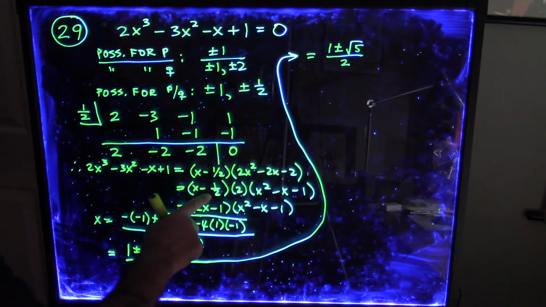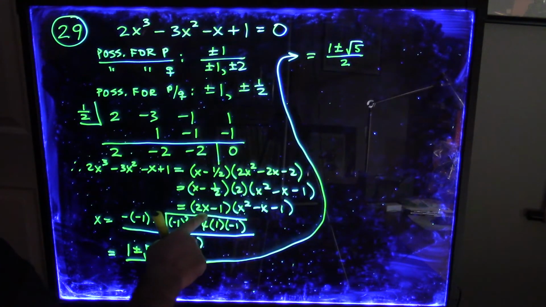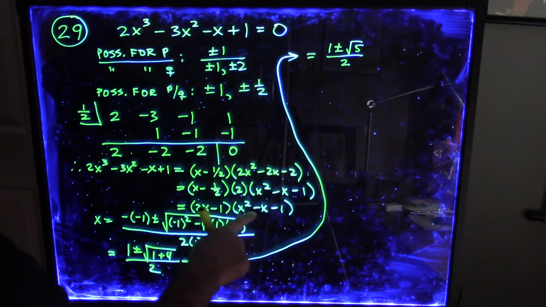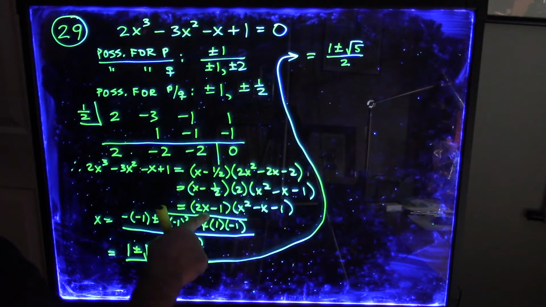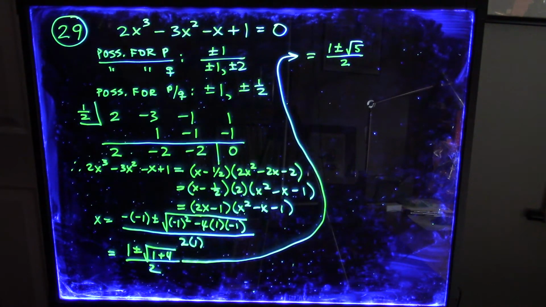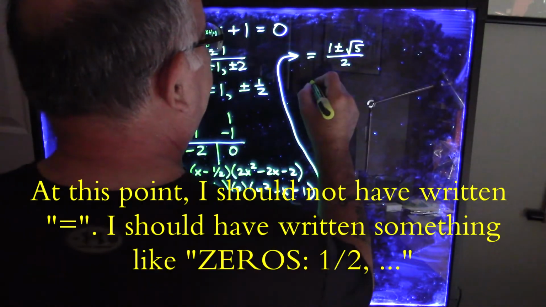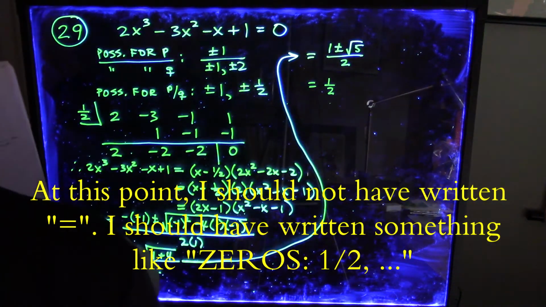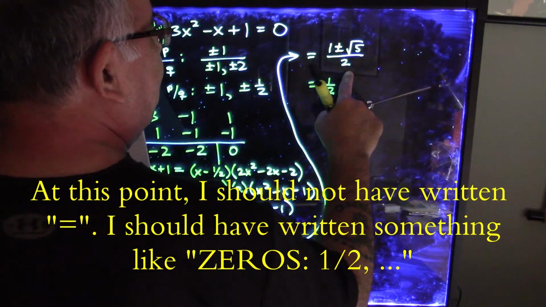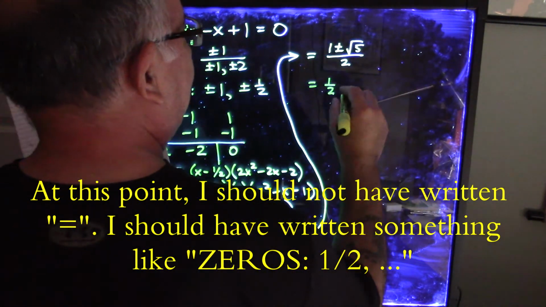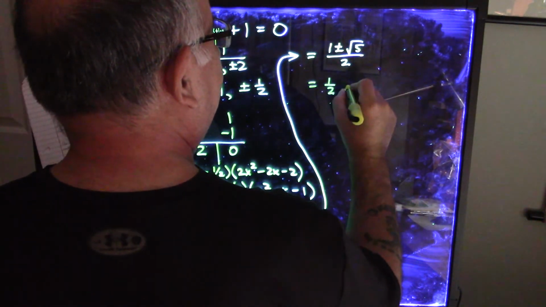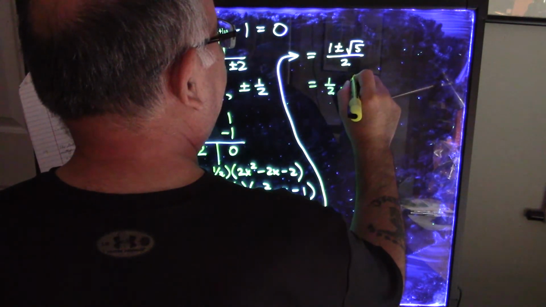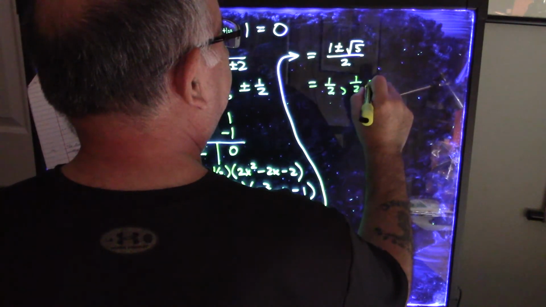Set each factor equal to 0 and solve for x. So you've got 1/2 as one of the zeros, and 1 over 2 plus square root of 5 over 2. That's one of them.